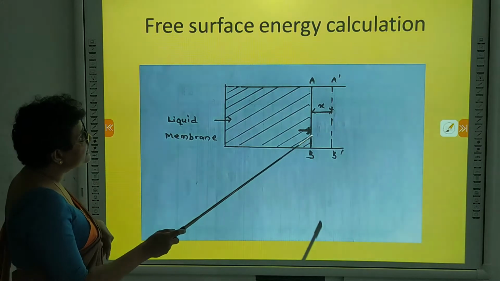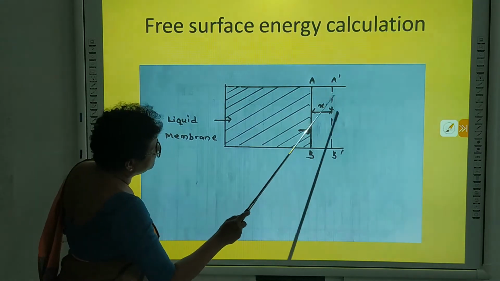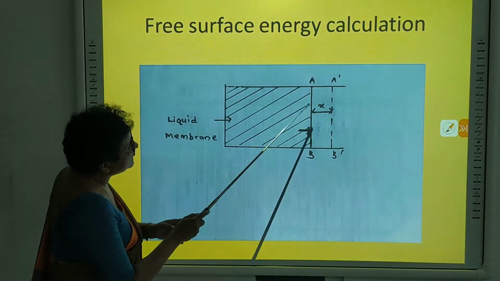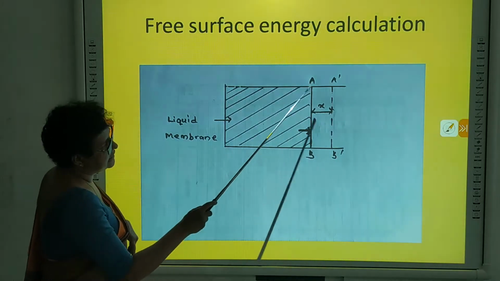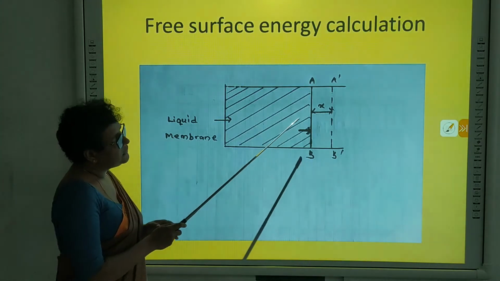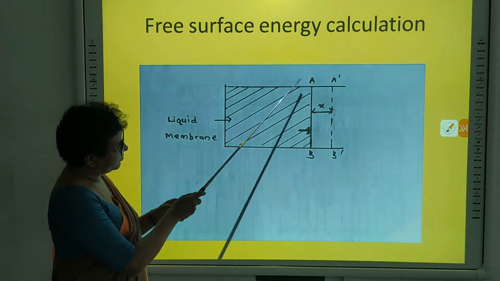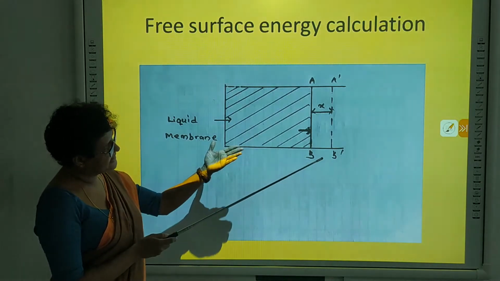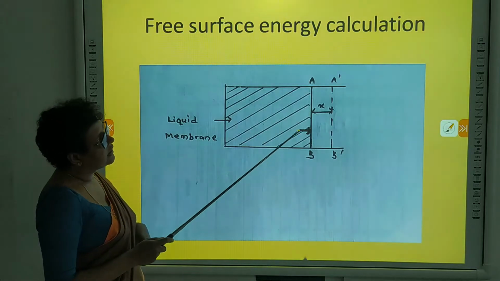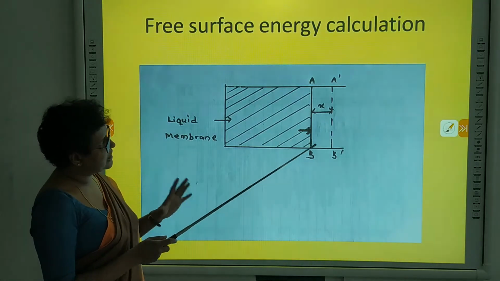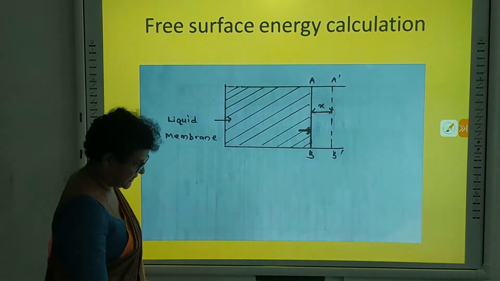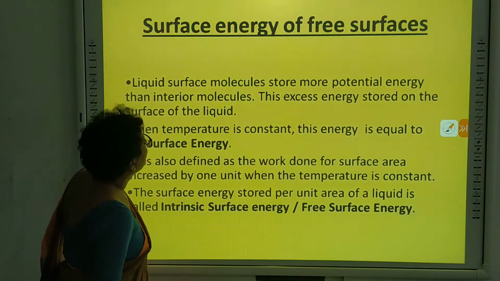The area increase: X is the width and L is the length, so the rectangle area is L into X, Lx. Now I told you there are 2 surfaces here in the soap membrane, this side and that side. Due to that, we will multiply that area by 2, so 2L into X. Look here.